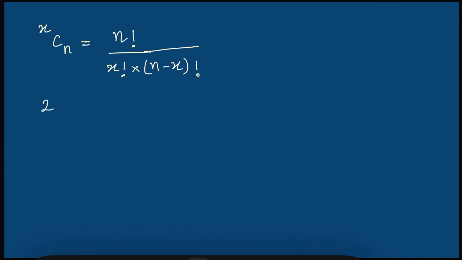For example, we have to calculate 5C2, which means that we have a total of 5 elements, and out of them we have to make combinations of 2 elements. How many possible ways are there? It is 5 factorial upon 2 factorial into (5 minus 2), which is 3 factorial.